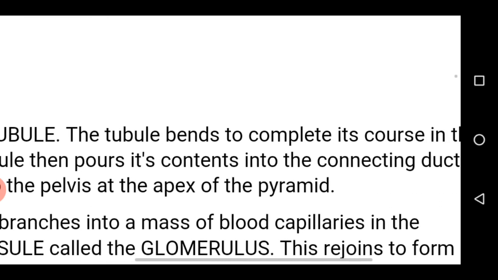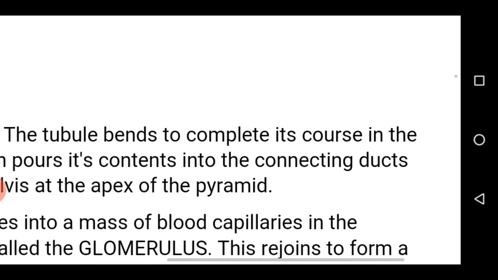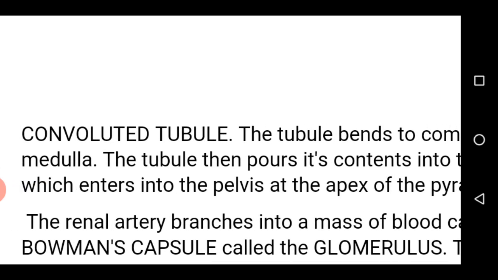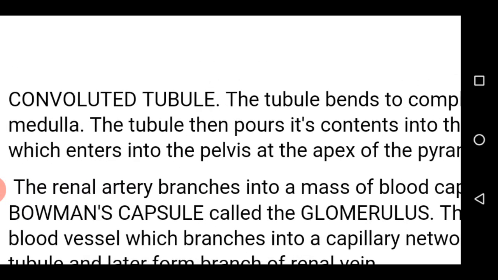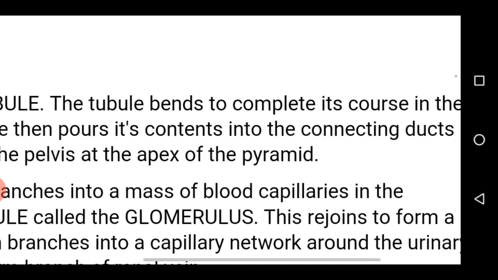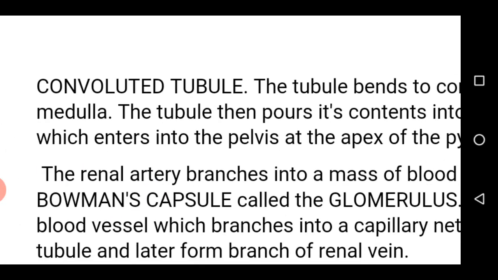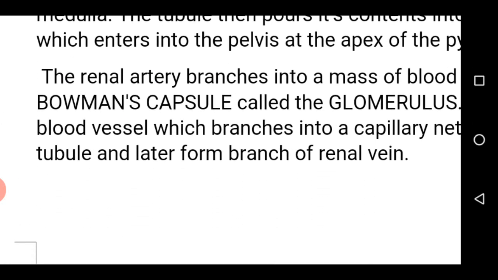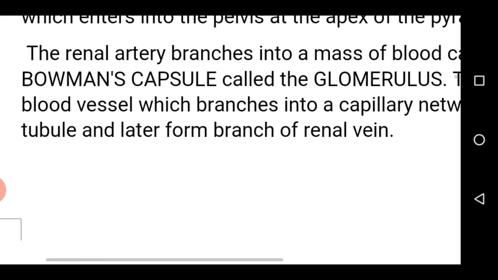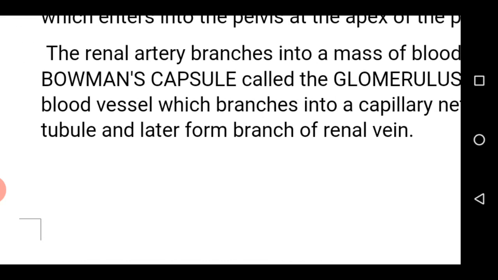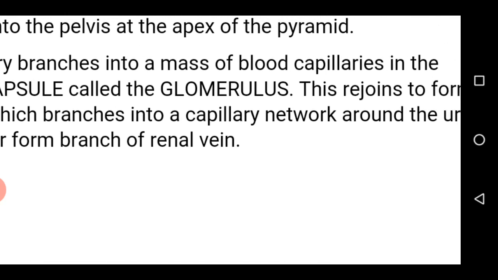So the tubule bends to complete its course in the medulla. The tubule then pours its content into the connecting duct, which enters into the pelvis at the apex of pyramid. Now the renal artery branches into a mass of blood capillaries in the Bowman's capsule called the glomerulus.